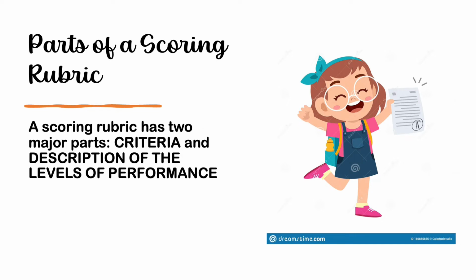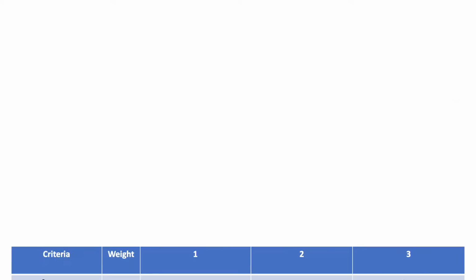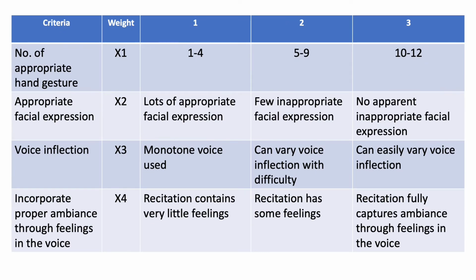Now, let us look into the parts of a scoring rubric. A scoring rubric has two major parts. We have the criteria and the description of the levels of performance. Let us look into the following example. This is an example of a recitation rubric, or a scoring rubric used in rating a recitation.